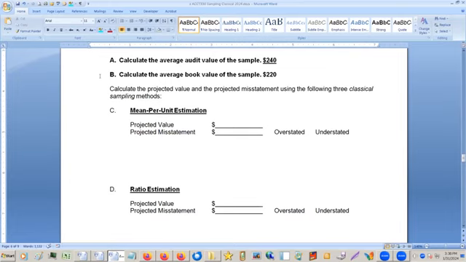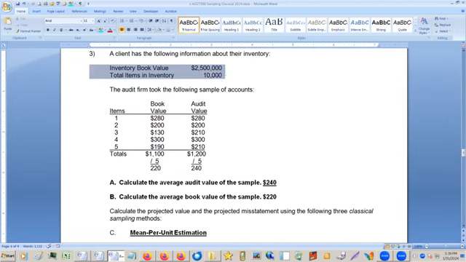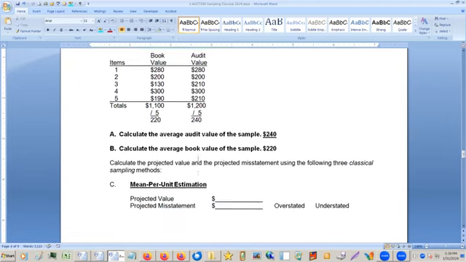So see if you can do the mean per unit one. I'm going to move this down here.